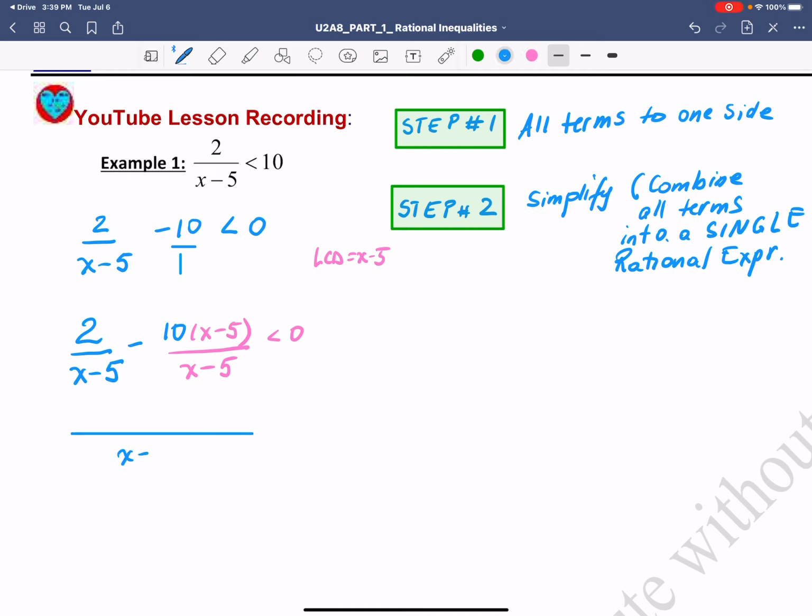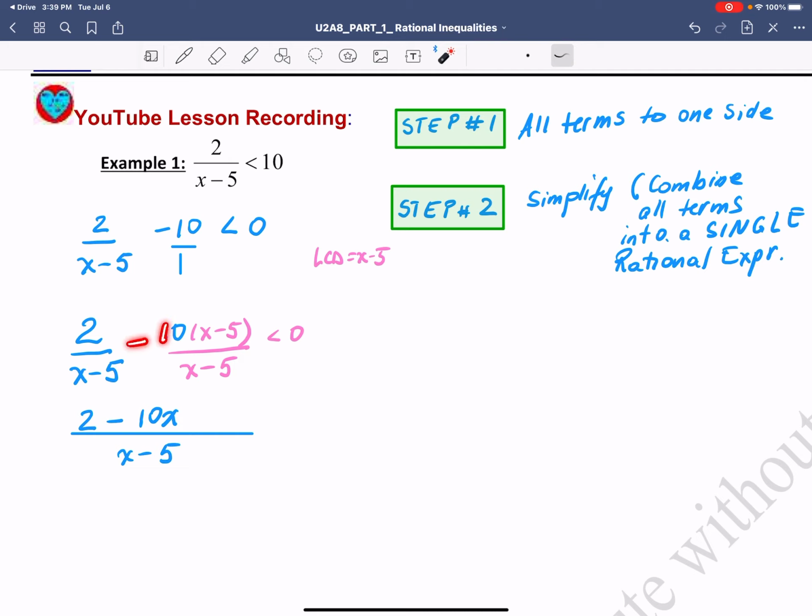So we have 2 minus. Now be very careful when we have a minus before a fraction. That will change the sign of every term in the numerator when distributing. You can think of this minus in here as if it belonged to 10. So minus 10 times x, that's minus 10x.